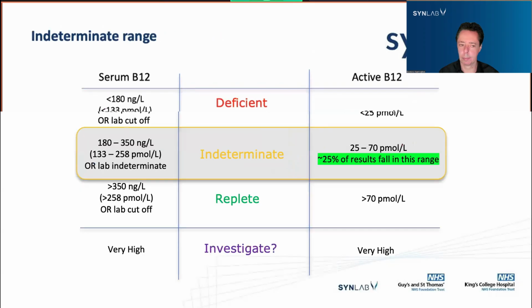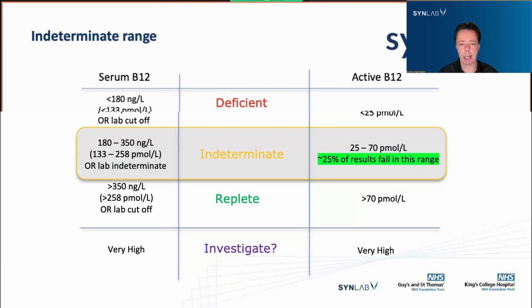So how do we get around this unbreakable link between sensitivity and specificity for the serum B12 and active B12? Well, you can introduce an indeterminate range. And this is something my laboratory team have been doing since 2012 and is now part of the guidance in the UK from NICE. So here's an example of cutoffs based on the NICE recommendations.